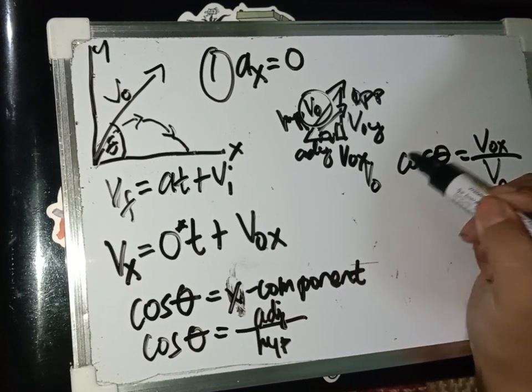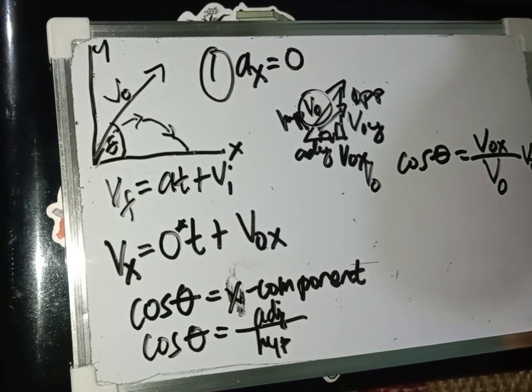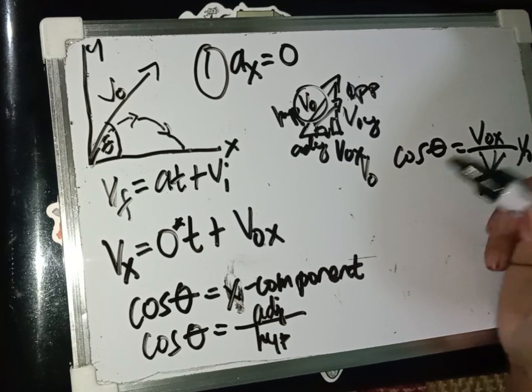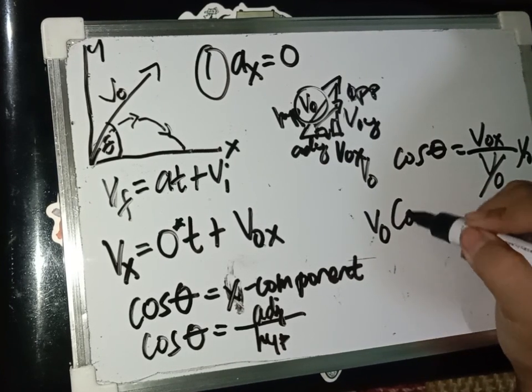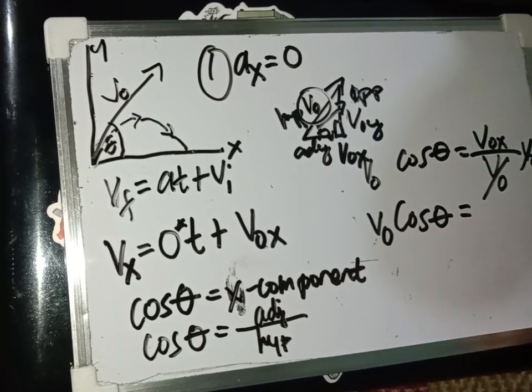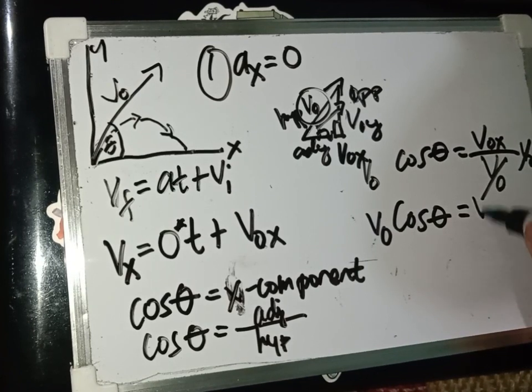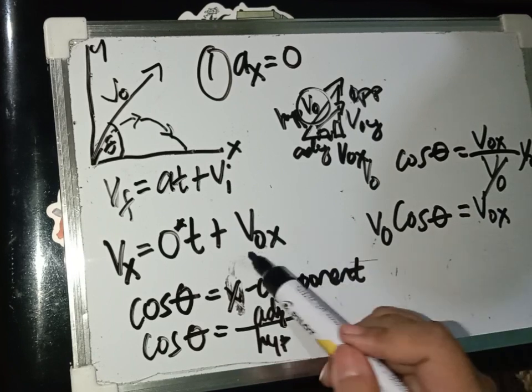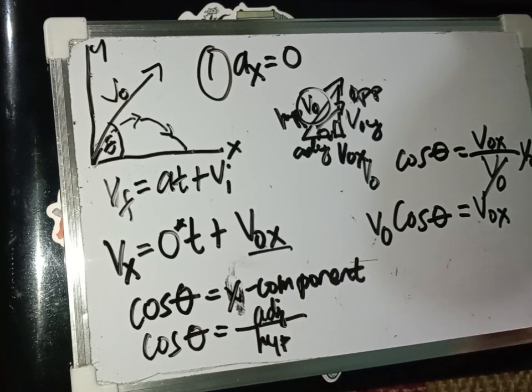So multiplying both sides by v naught, we will be able to cancel this one. And you will be left with the equation v naught cosine theta is equivalent to v naught of x. Therefore, you now have the corresponding value of this v naught of x, the initial velocity of the x.